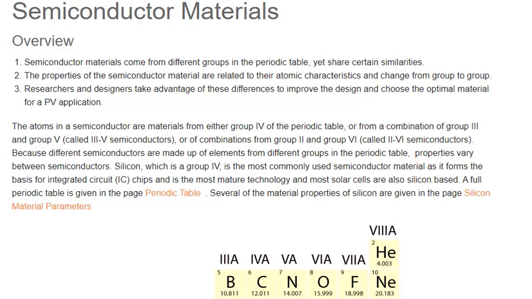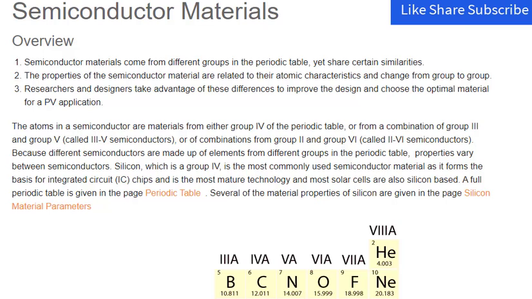Semiconductor materials: overview. Semiconductor materials come from different groups in the periodic table, yet share certain similarities. The properties of the semiconductor material are related to their atomic characteristics and change from group to group. Researchers and designers take advantage of these differences to improve the design and choose the optimal material for a PV application.